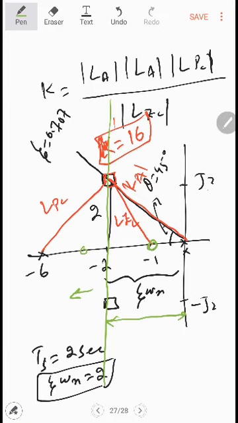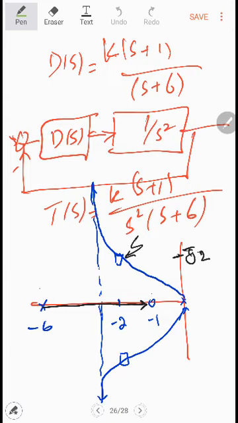less than 10. So finally you see that at the end we get the type 2 system, because the type of the system is equal to n minus m, where n is the order of the denominator polynomial and m is the order of the numerator polynomial, which is equal to 2.